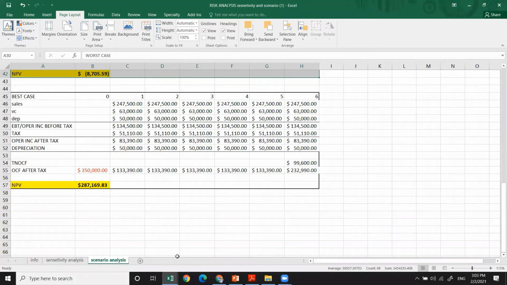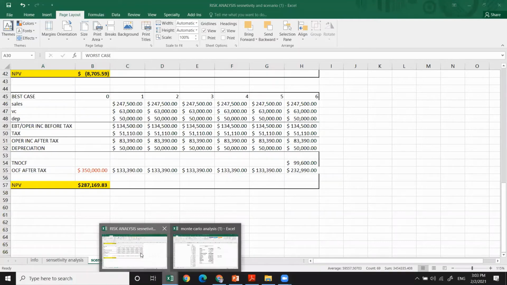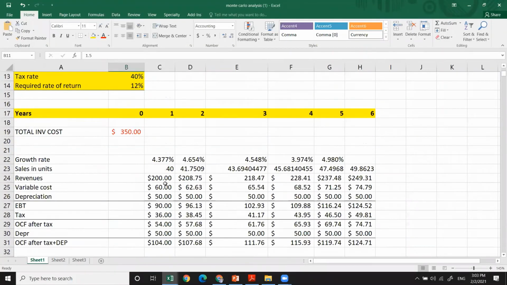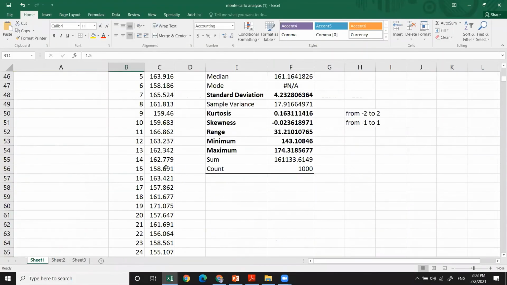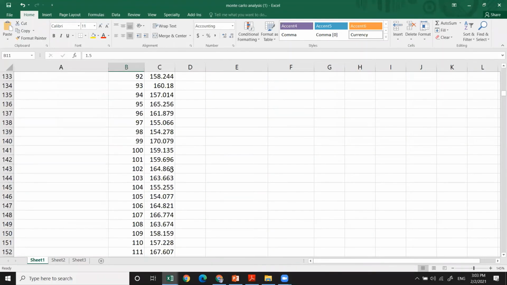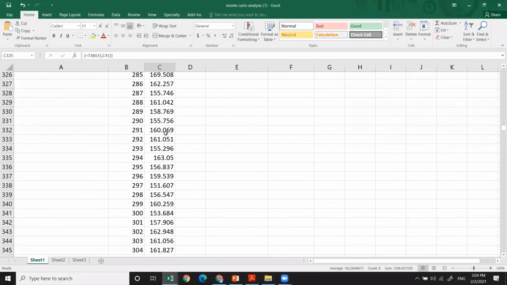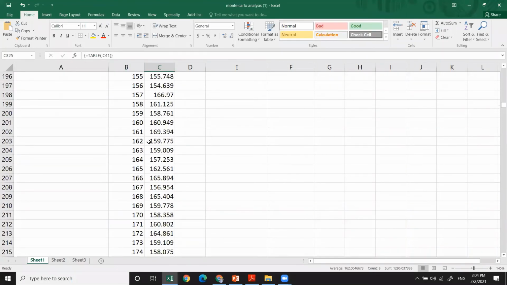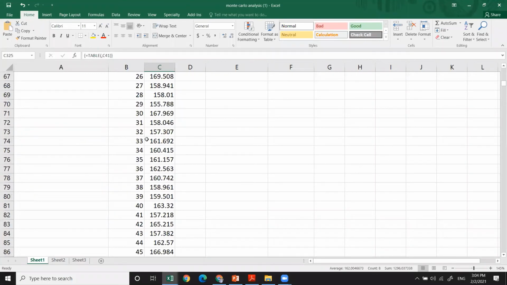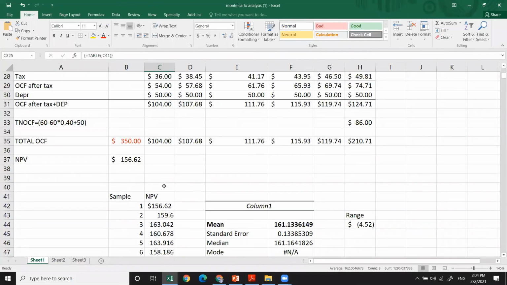simulation analysis. In the simulation analysis, what we do basically is create, let's say, 10,000 NPVs. Okay, we simulate 10,000 different NPVs. This is the idea of the simulation. You're simulating and trying to see what the range could be, how the NPV would change with the change in the numbers.